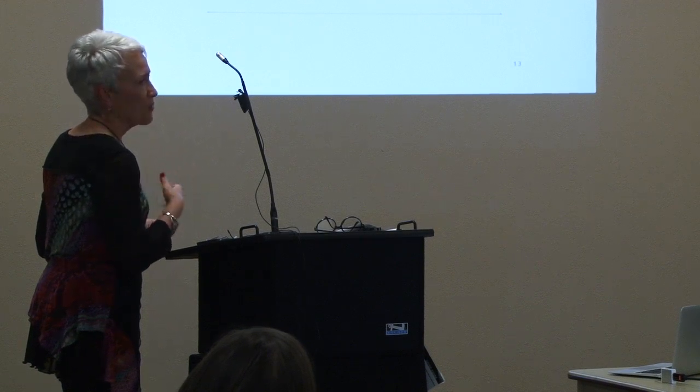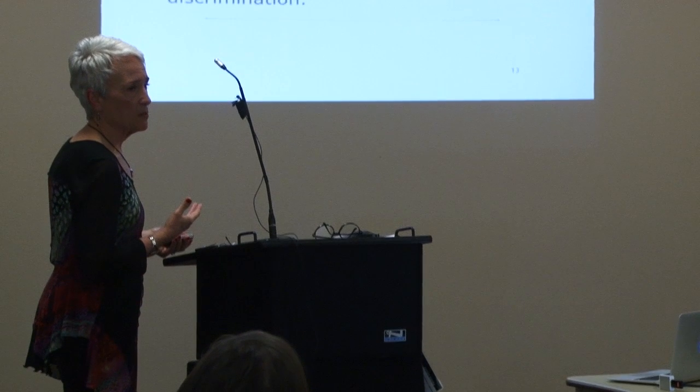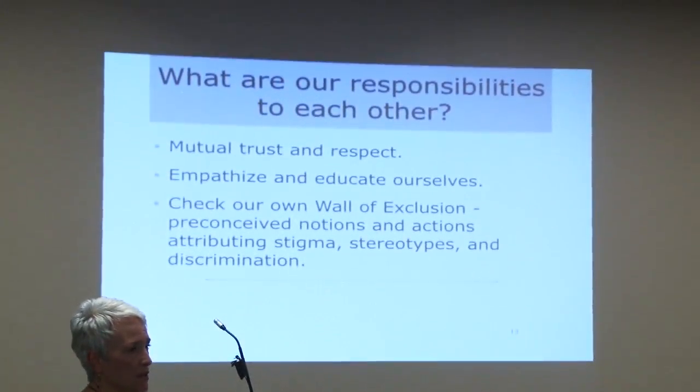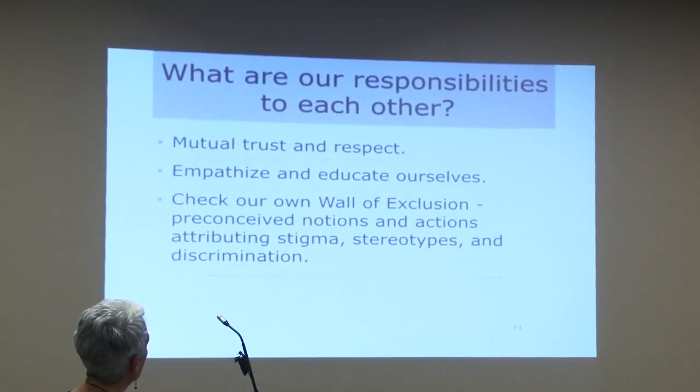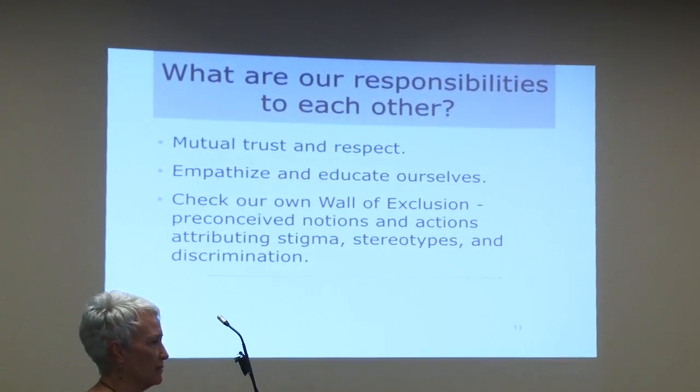To again bring forth our empathy and educate ourselves about people with invisible disabilities, and to check our own wall of exclusion. What are our preconceived notions and actions around stigma, stereotypes, and discrimination? And when and how often do we catch ourselves when we have that feeling or that thought?